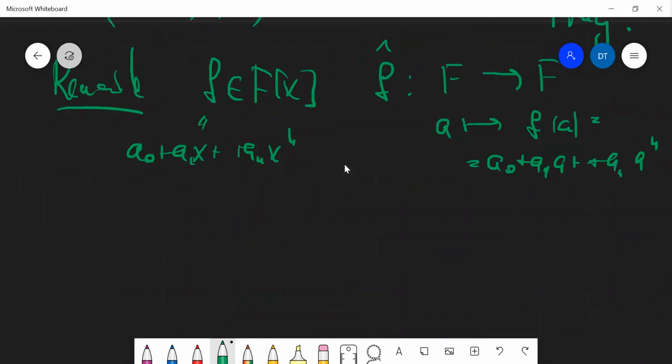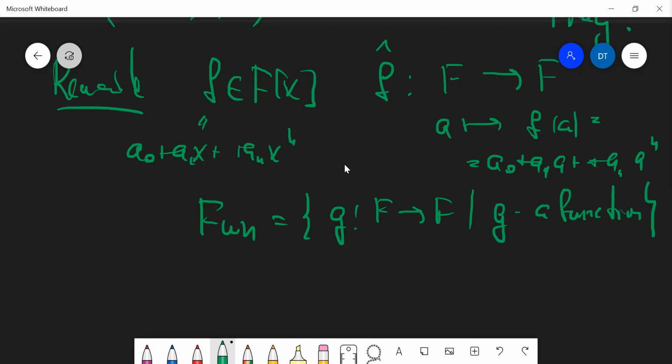If I denote the set of all functions from the field F to the field F as Fun, let me use a different letter to avoid confusion, just any function. Then we can provide a ring structure on this set as follows.